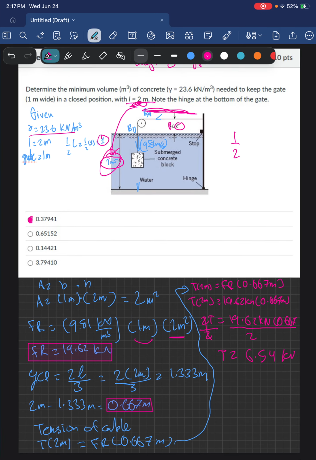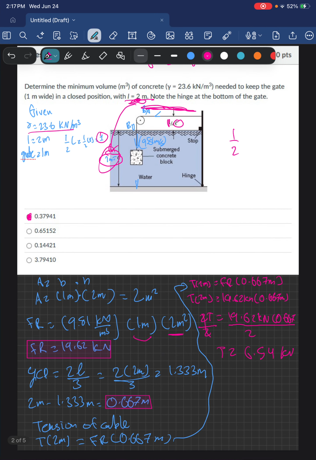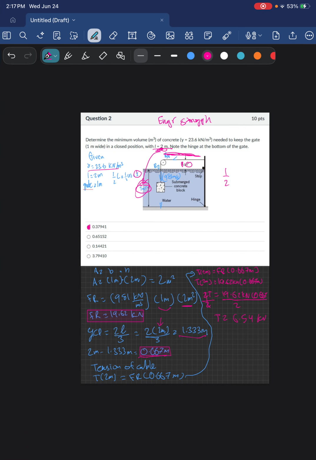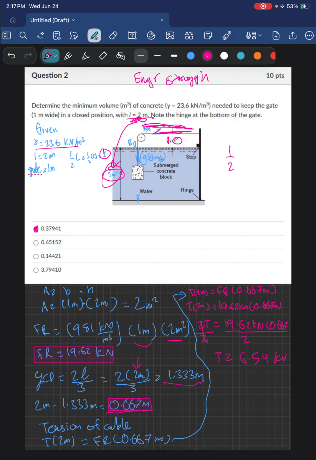And then you're going to have the y of CP, which is equal to 2/3, and then you plug in the 2 meters here, bada boom, bada bing, and then you subtract that from that, and you get that one. Then you're going to calculate the tension of the cable, so basically this one over here.